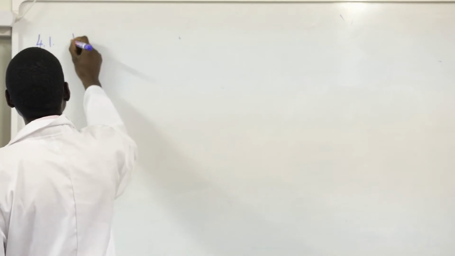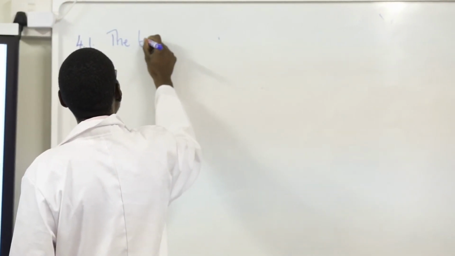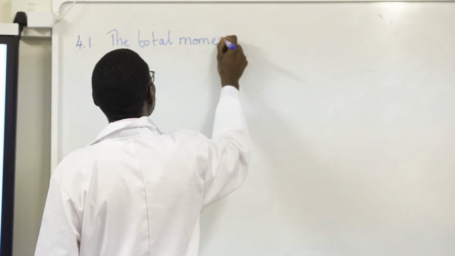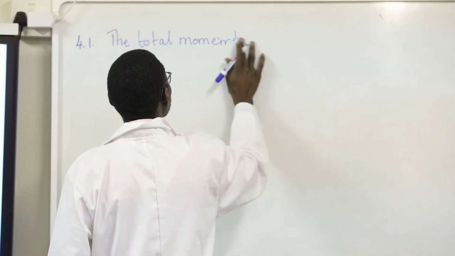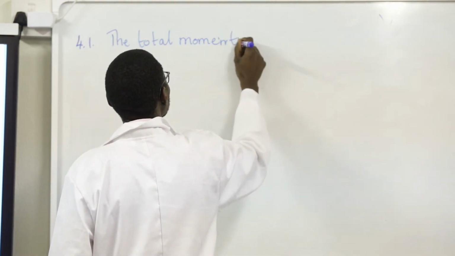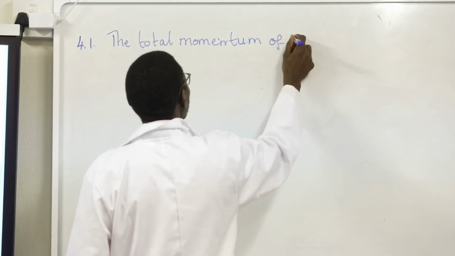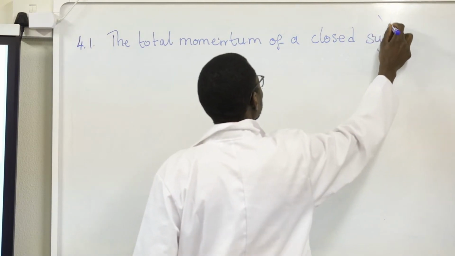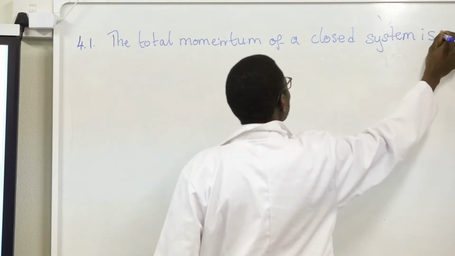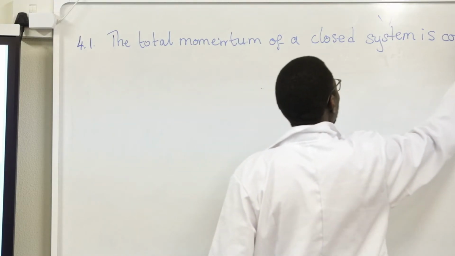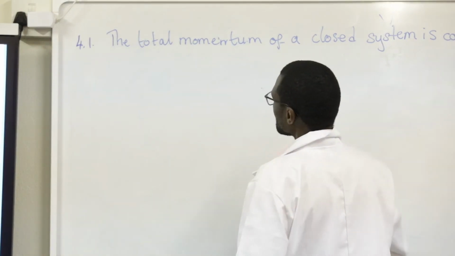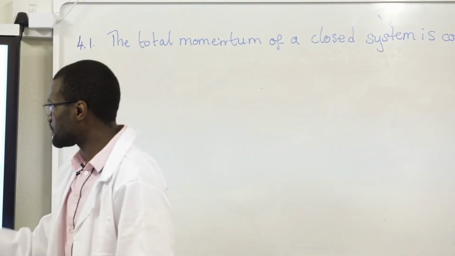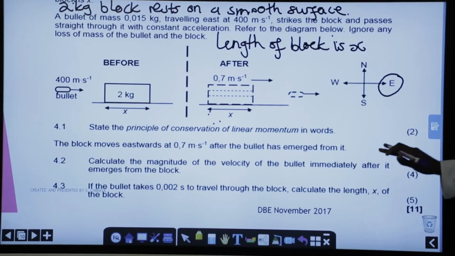It states that the total momentum of a closed system is conserved or constant. You must know this by now. Okay, so the block moves at 0.7 meters per second after the bullet emerges from it.